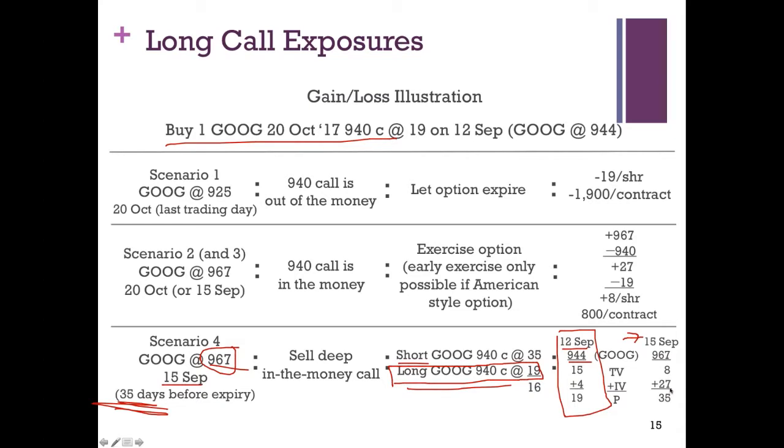Well, I've done an approximation here, but with Google at 967, that means the intrinsic value would be exactly 27. And I'm assuming a time value of 8, which leads to a premium of 35.